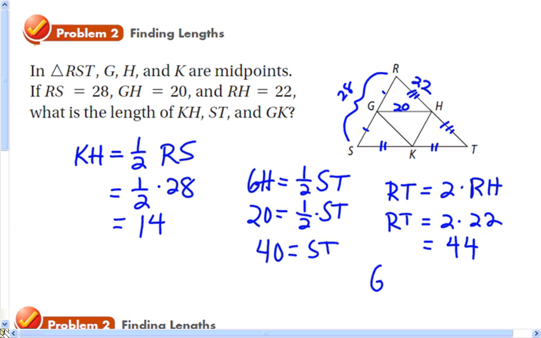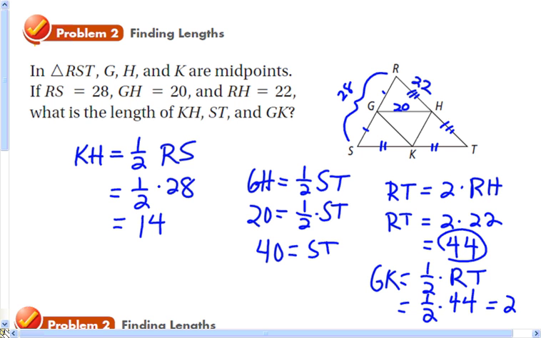And we need GK, and we know that GK is equal to 1/2 of the length of segment RT. So the length of GK is equal to 1/2, substitute for RT, which we just figured out is 44, and that's equal to 22. So GK is equal to 22. You might notice that this distance here is the same as that distance there.